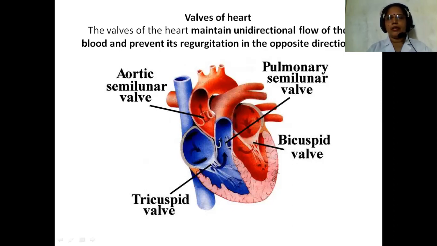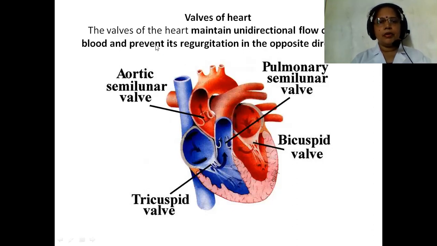Valves of the heart maintain the unidirectional flow of the blood in one direction, and prevent regurgitation in the opposite direction. They prevent back flow. So that's why the valves have a very important role in the heart.